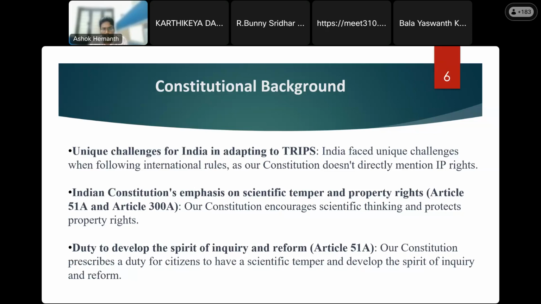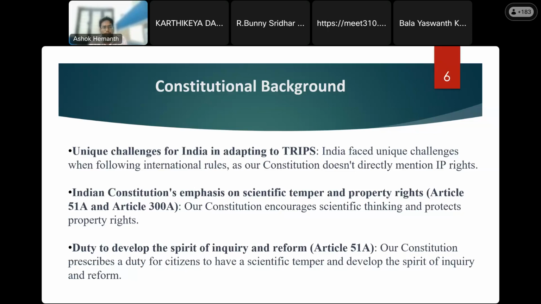That's the reason we are studying these laws. And this is related to technological people. For example, coming to patents, mostly it is relevant to science background people. If you are a computer science student, it is 100% relevant to you.